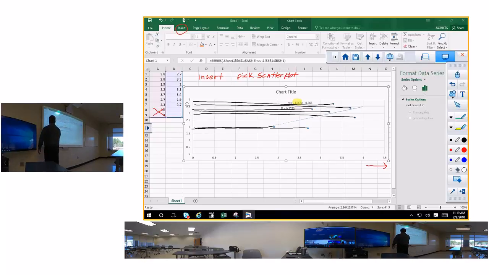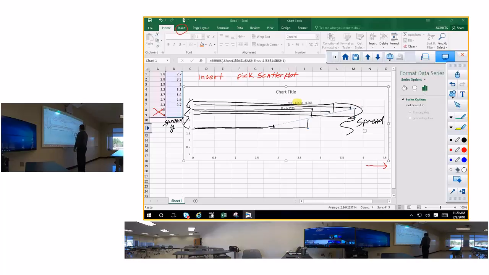And this is what we call the spread of y. And these lines right here are the spread to fit.